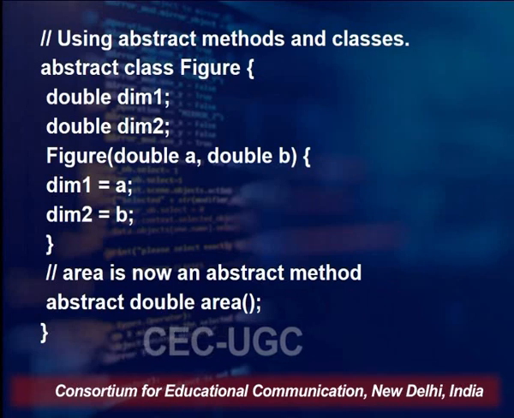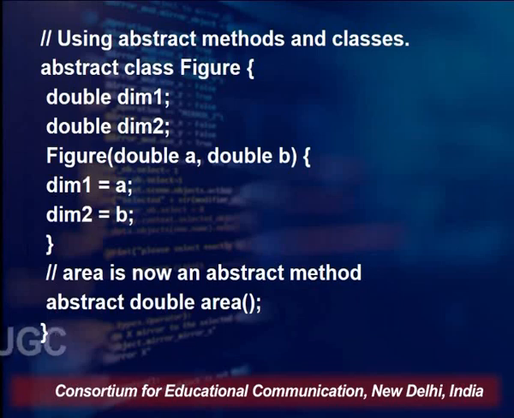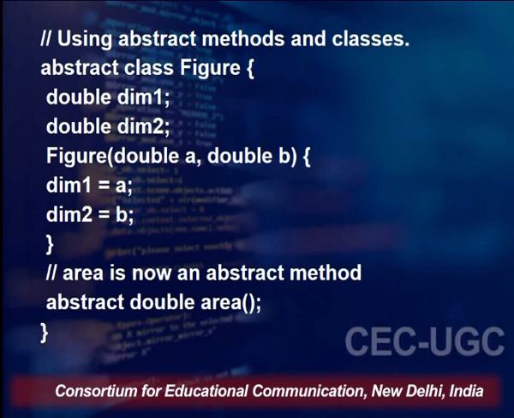Please recall the previous version of the class Figure, in which area had its own implementation, but it did not make any sense because it printed that the area is 0 and the figure is undefined, or something of that sort.